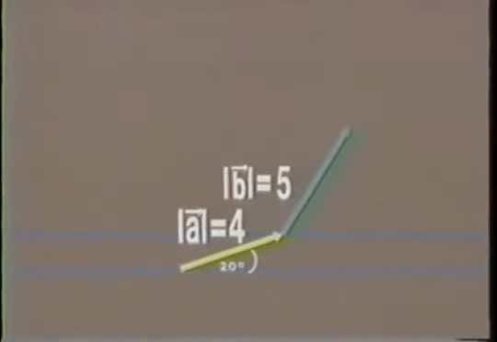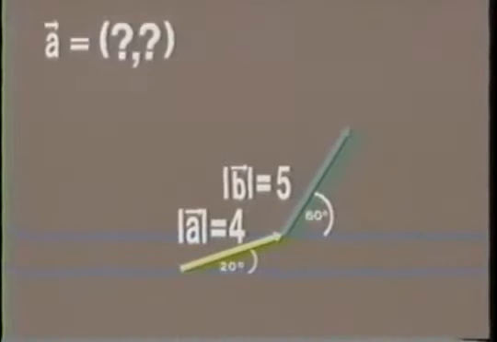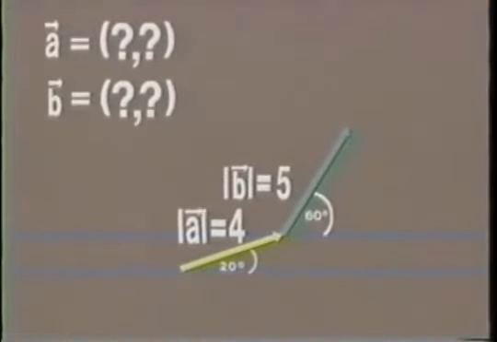Vector B is 5 units at an angle of 60 degrees. Once we find the ordered pairs for A and B, we can add them together to get the resultant. And we get ordered pairs by resolving vectors into their components.